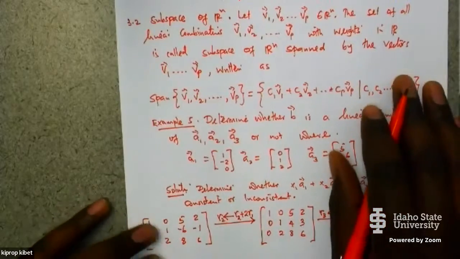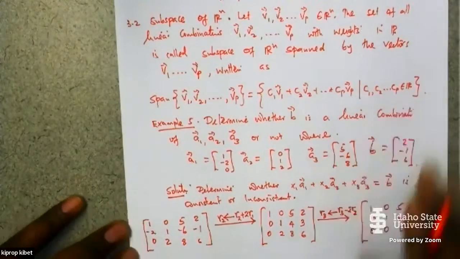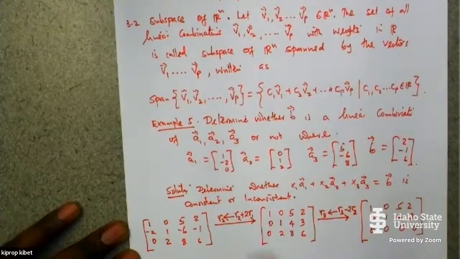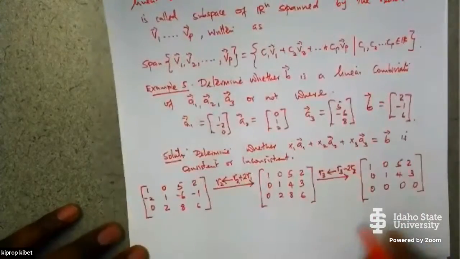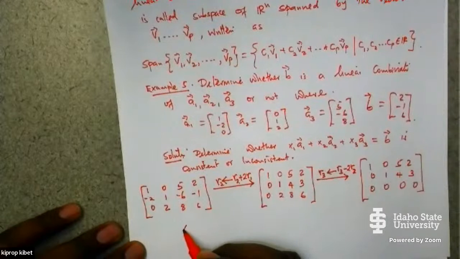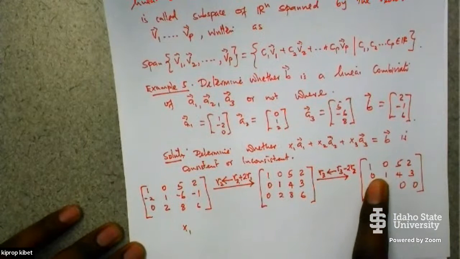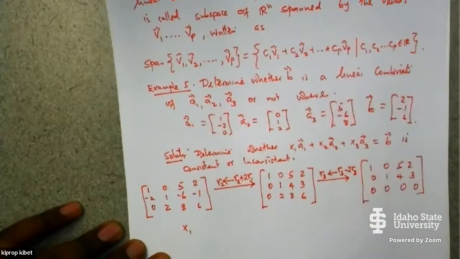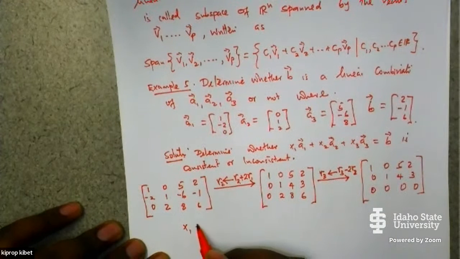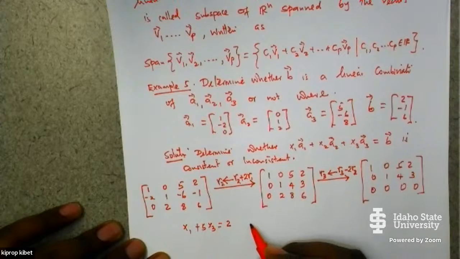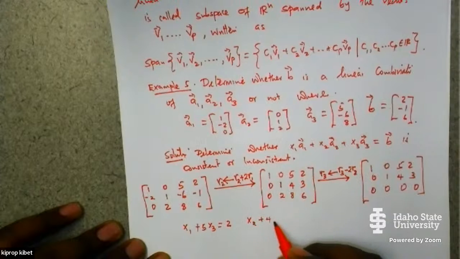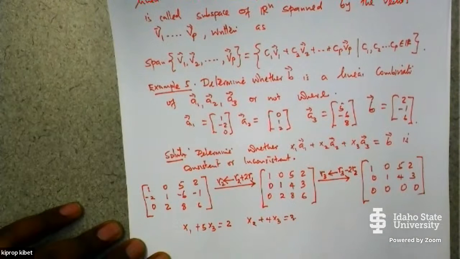So therefore, we can say, now, in this case, if we write this one in linear system form, then it means our x1 plus 5x3 equals 2, and x2 plus 4x3 equals 3.